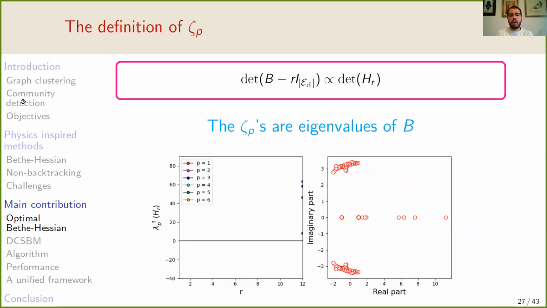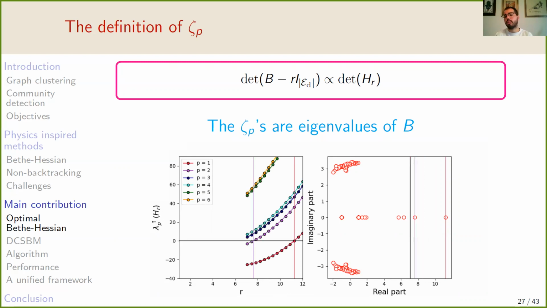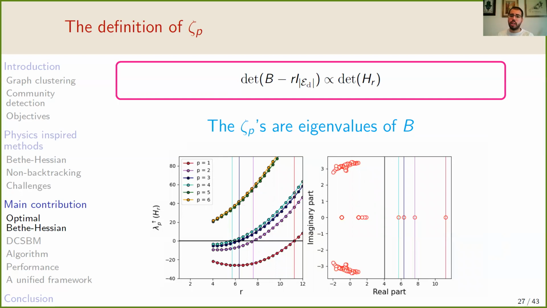So at the beginning, all eigenvalues of H_r are positive until the first one becomes negative when r is equal to the leading eigenvalue of B. Then the second becomes negative when r is equal to the second largest eigenvalue of B, and then the third, and then the fourth. These are the k leading eigenvalues outside the bulk of B that have been studied thoroughly for the DCSBM and that I mentioned before.